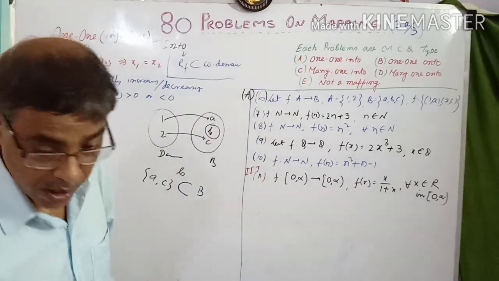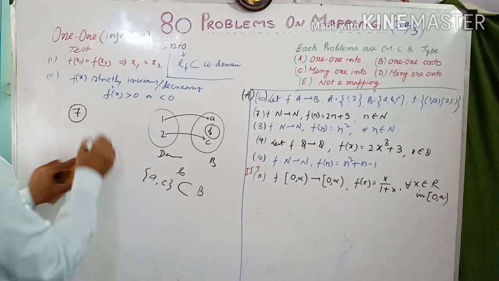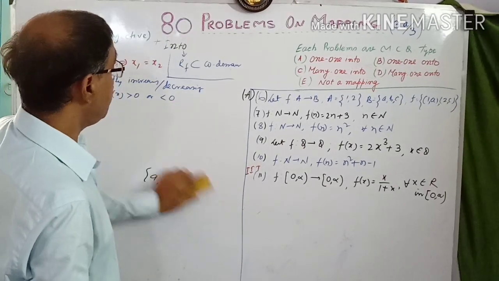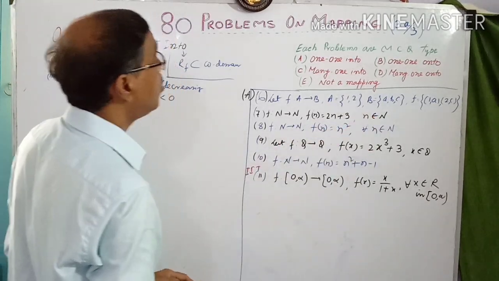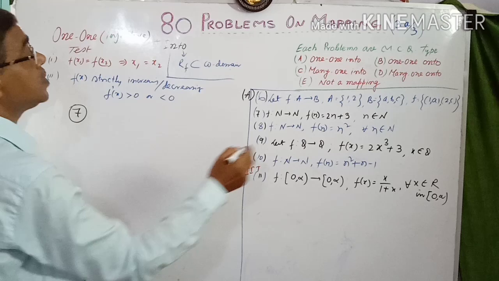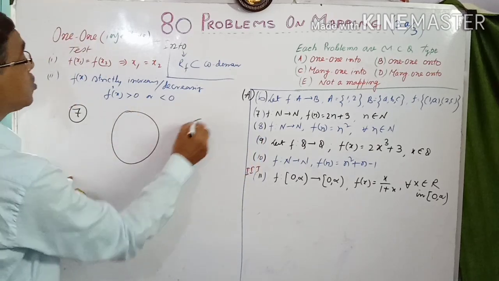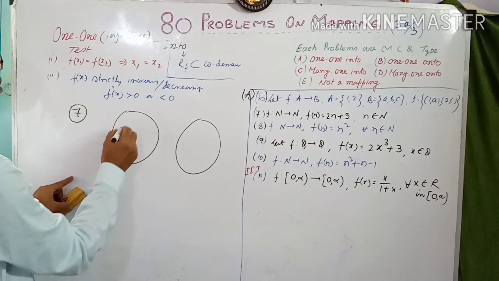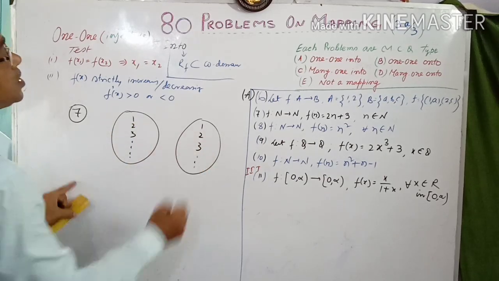Now, for the seventh problem, f from N to N, f(n) equal to 2n plus 3 for all n belongs to N. Here, the domain set is the natural numbers, also the codomain is the set of all natural numbers 1, 2, 3 up to this.